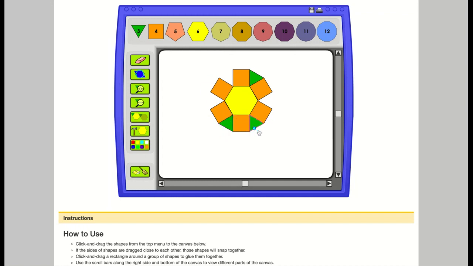I'm making sure that every vertex has triangle, square, hexagon, square. 3, 4, 6, 4. Okay, 3, 4, 6, 4 for every vertex.